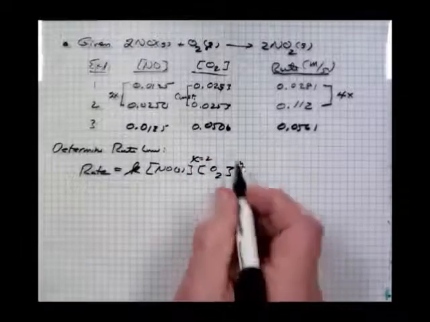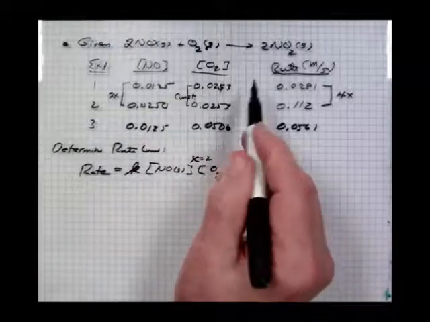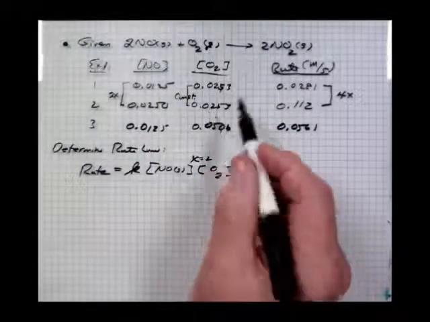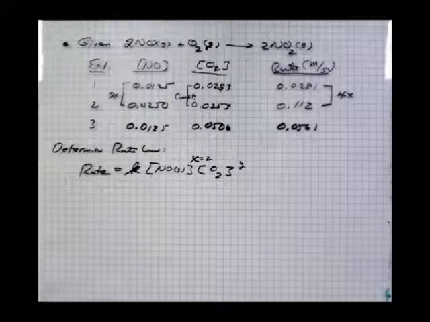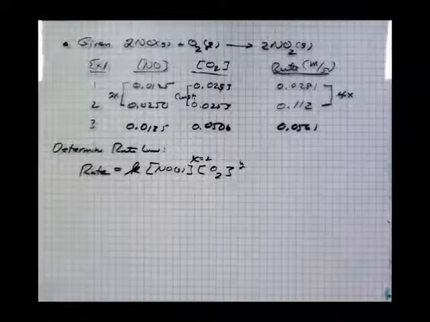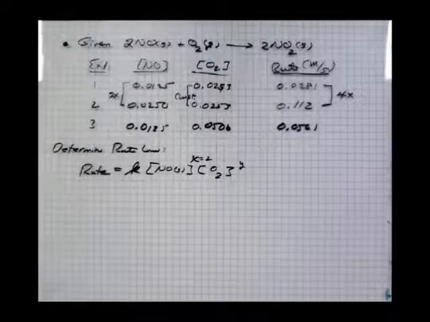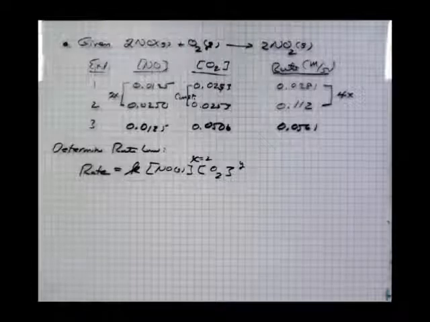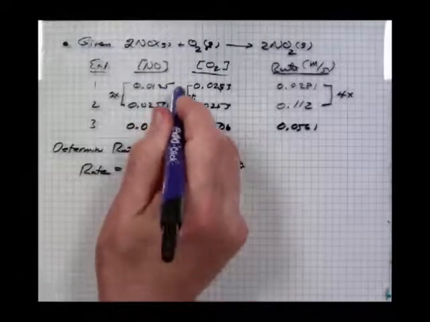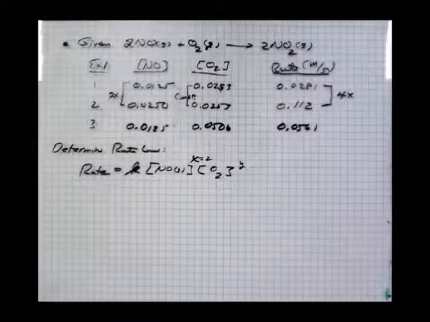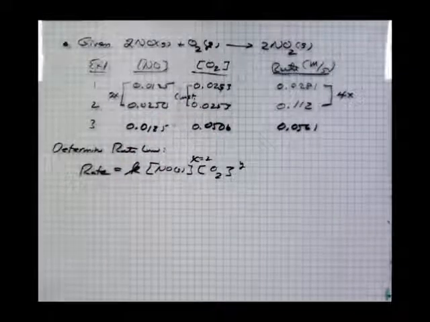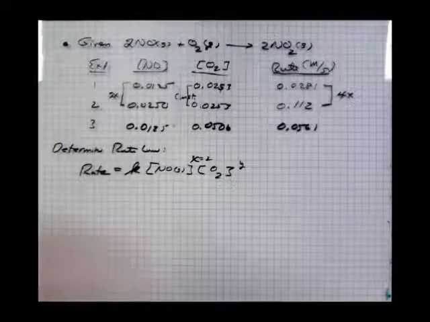Okay? Now we turn around and we want to do the oxygen, but this time we want to change colors so you can see. Okay, we're holding this one constant. Well, that didn't work. I got one.